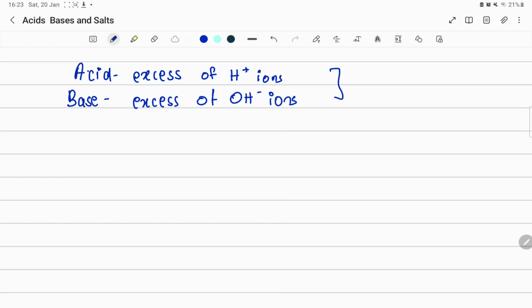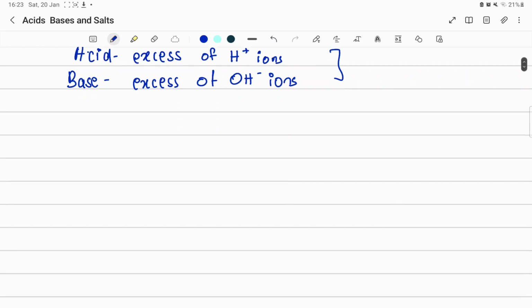Acid is a substance whose aqueous solution has an excess of H plus ions, and a base is a solution that has excess of hydroxide ions. However, in your chemistry exam, when they ask you to define an acid, you are going to define it in terms of it being a proton donor or a proton acceptor.